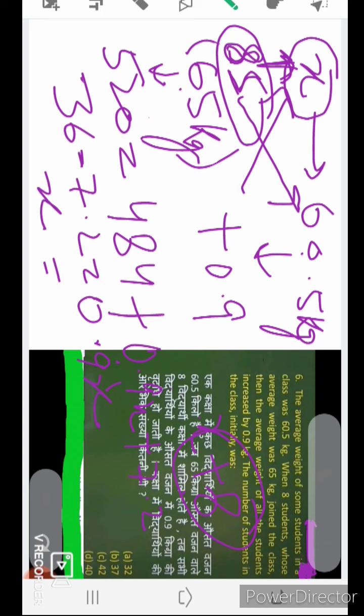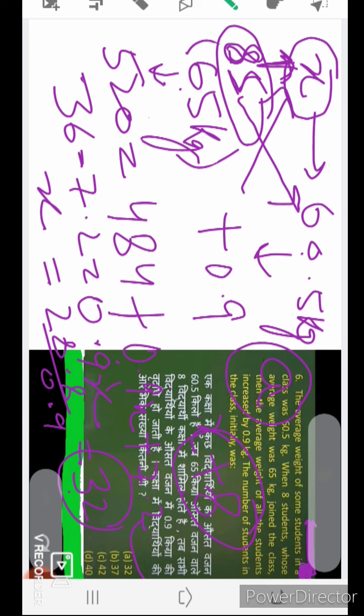And the value of x is going to be 36 minus 7.2, which is 28.8, upon 0.9. Alright, so you are getting the value of x: 9 3s are 27, 9 3s are 27, 9 2s are 32. So 32 is the value of what we have to calculate, the number of students in the class initially. The value of x is 32. A is the answer. A is the answer of this question.